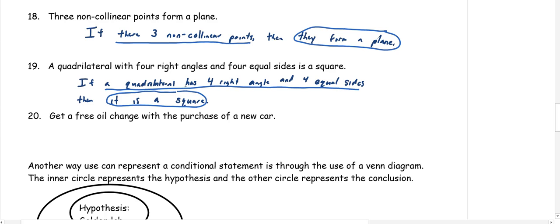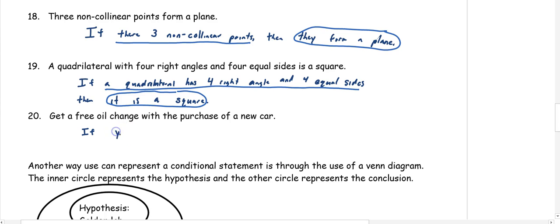Number 20, get a free oil change with the purchase of a new car. Now, this is one that we have to be careful about when we go to write our if-then statement. The thing that's happening is really the purchase of the car in order to get the free oil change. So we're going to flip this sentence around. And we could say that we're getting the oil change once we purchase the car.